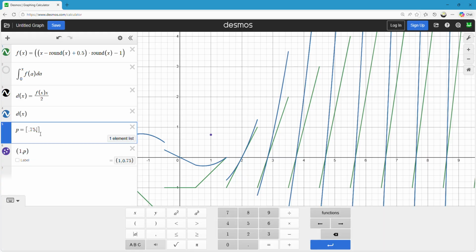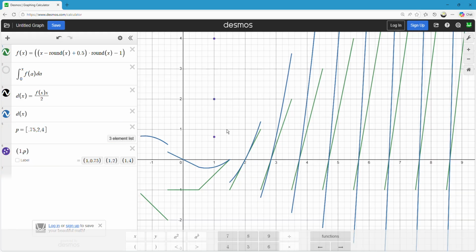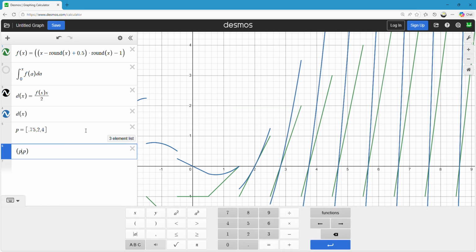Second, how do I? Give me a second, I'm not sure how to do this.